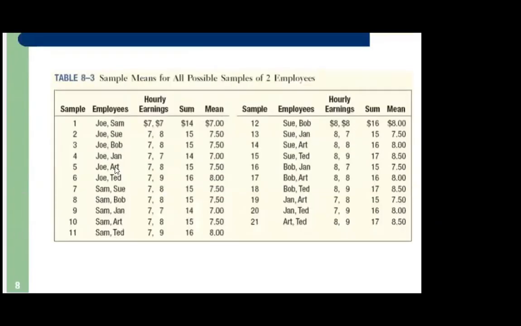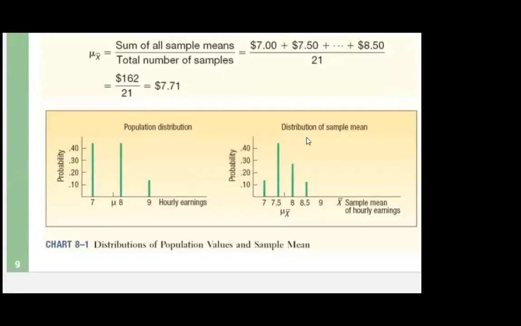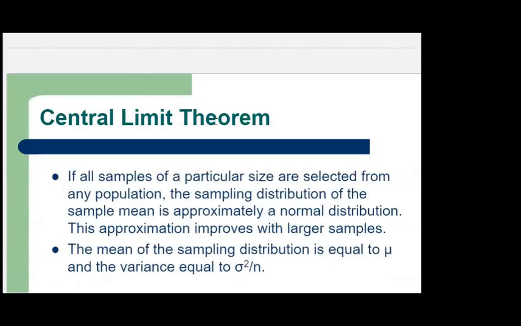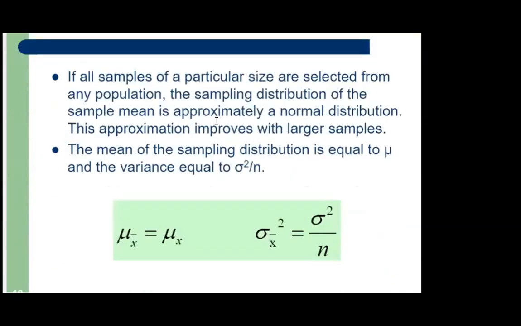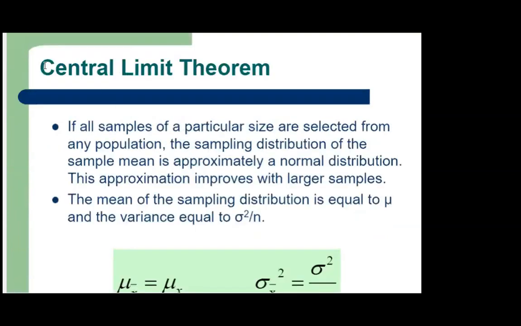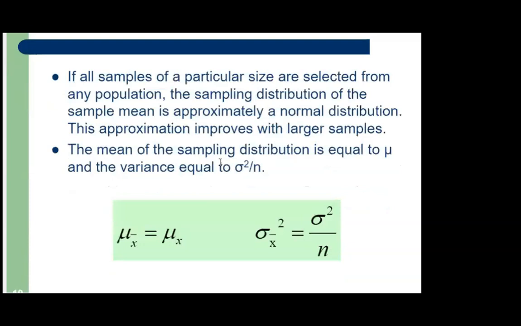Yes. In this case, the size of the samples is 2. If you increase the sample size to 3, 4, that would make a better shape of your sample distribution.